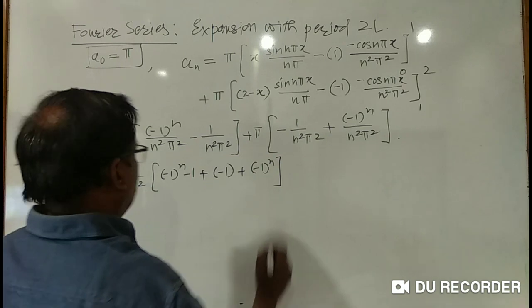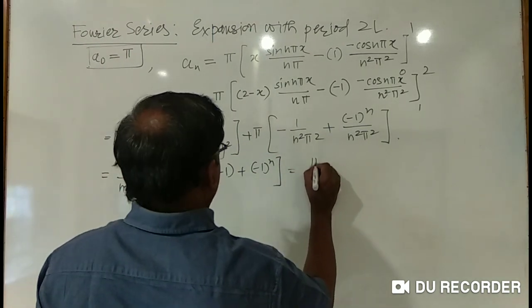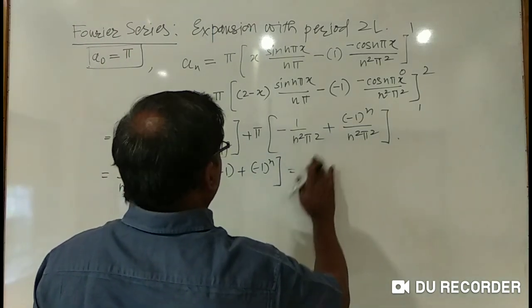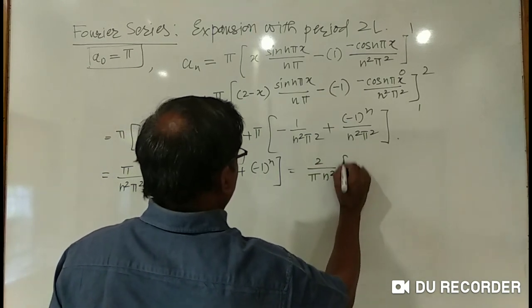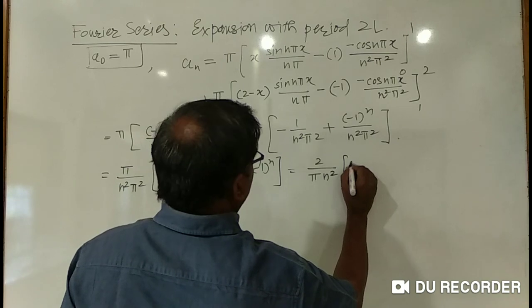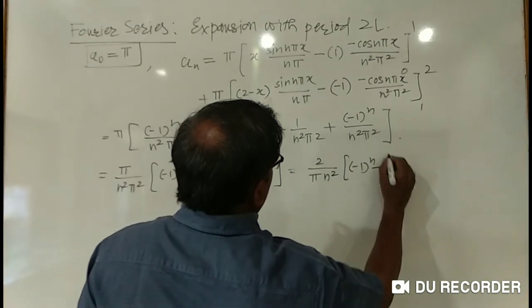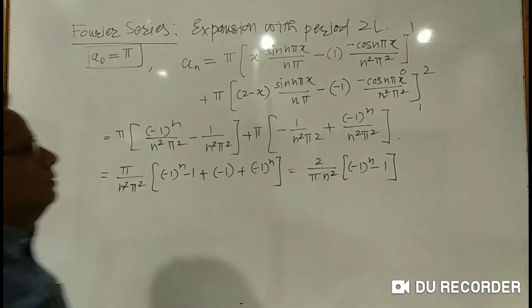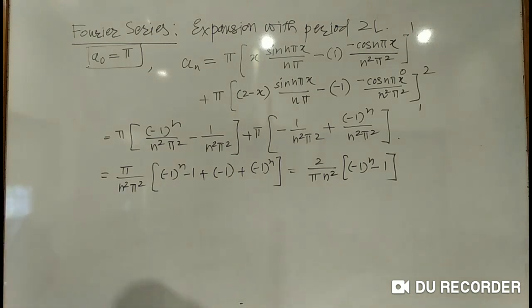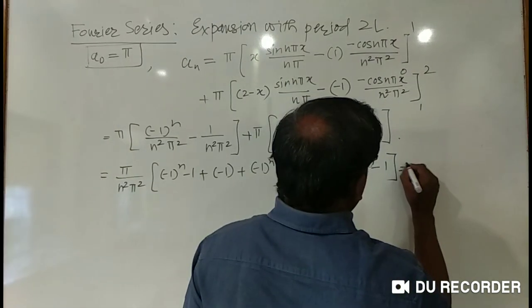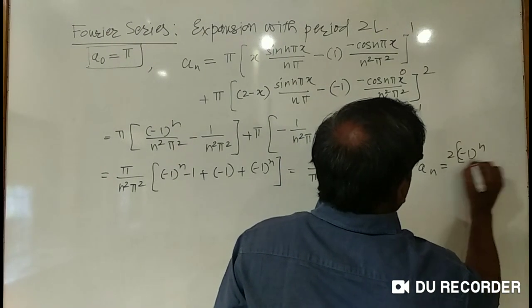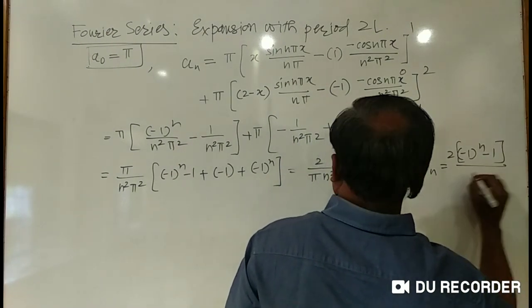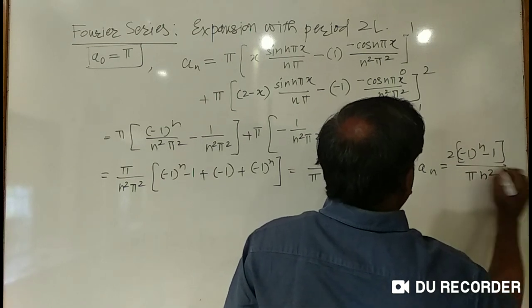That is nothing but 2 times pi n square in bracket, minus 1 raised to n minus 1. So this is an. This implies an equals 2 times minus 1 raised to n minus 1 upon pi n square.